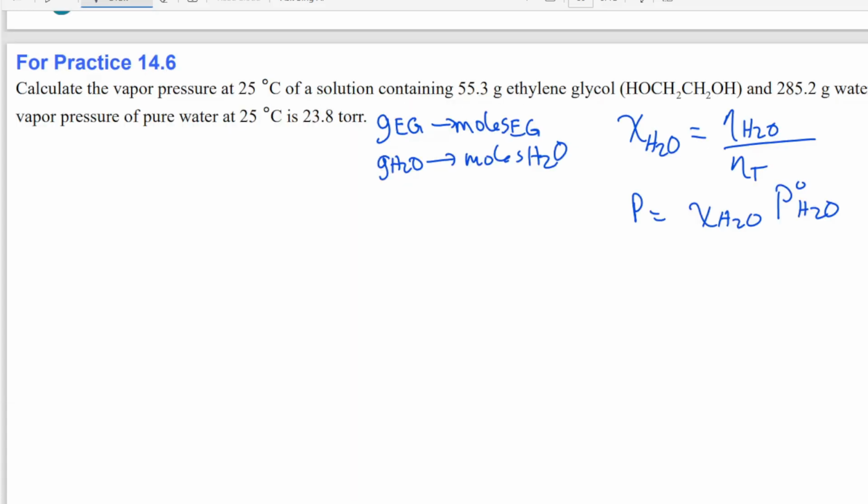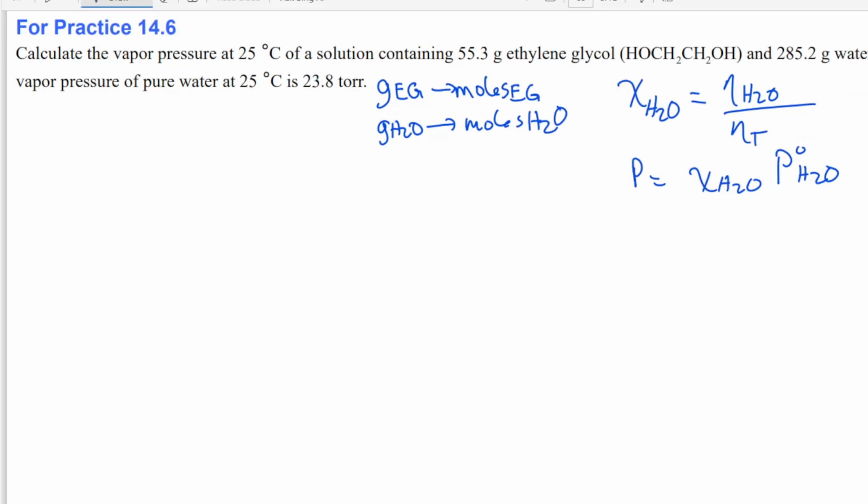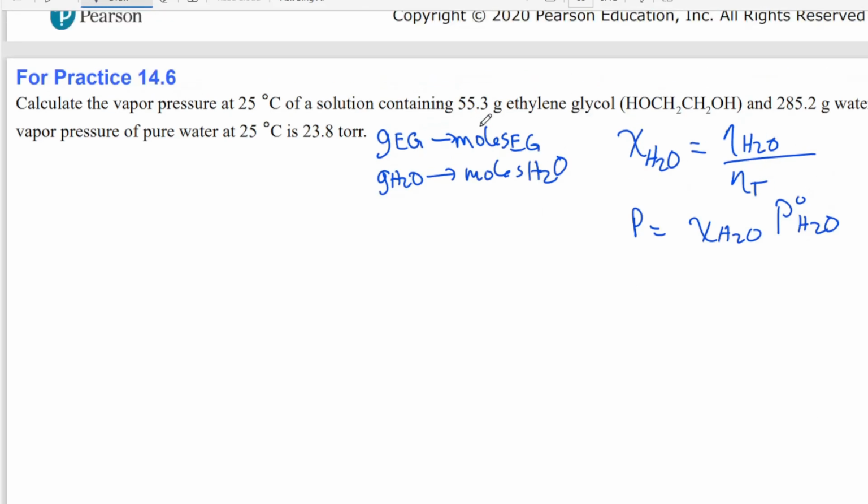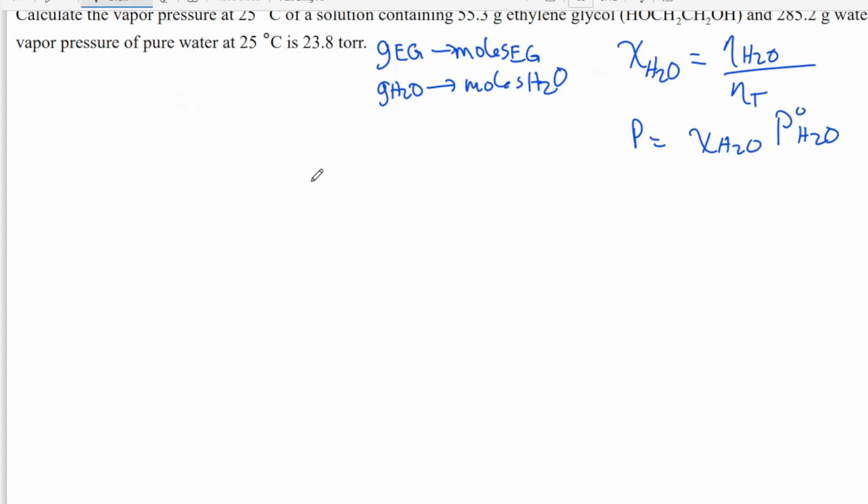Next we'll work Try It Yourself practice 14.6. Calculate the vapor pressure at 25 degrees C of a solution containing 55.3 grams of ethylene glycol and 285.2 grams of water. The vapor pressure of pure water at 25 degrees C is 23.8 torr.